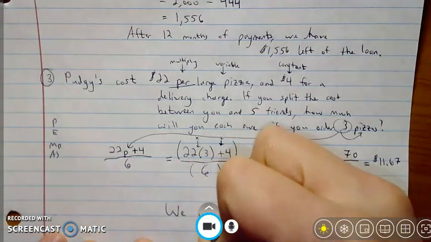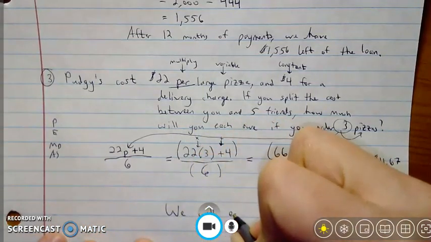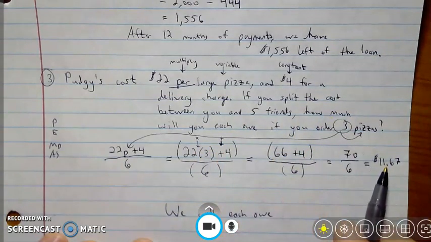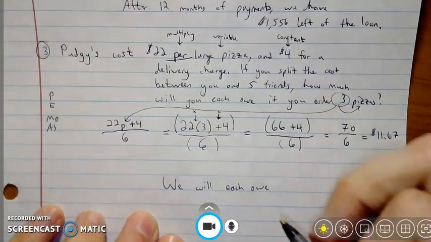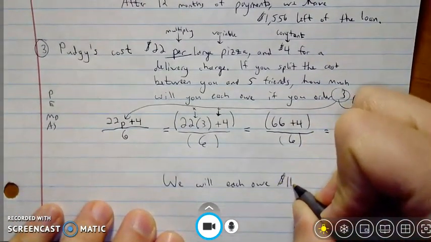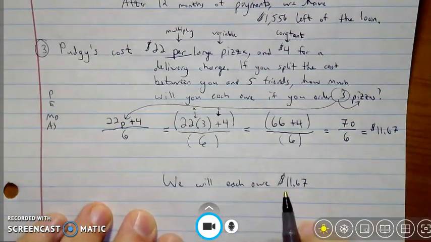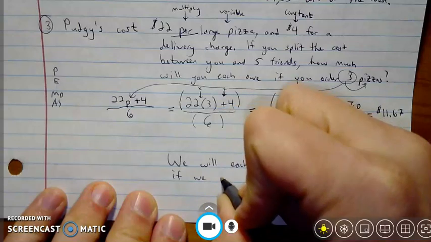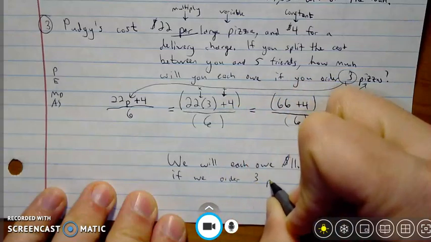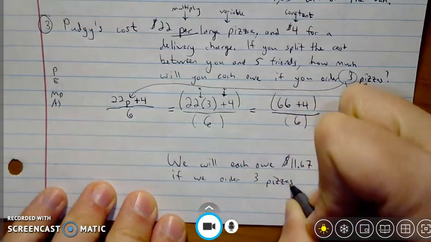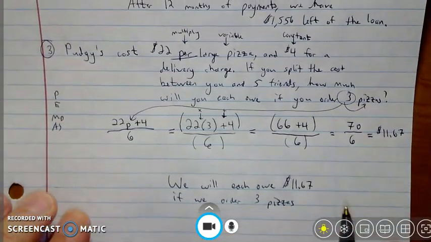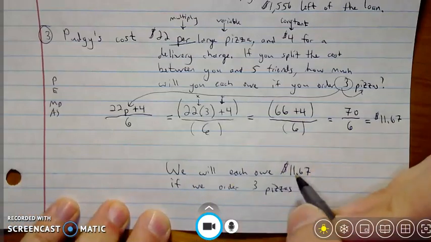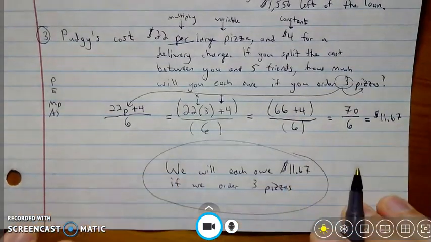So you can just say, we will each owe $11.67 if we order 3 pizzas. So we're basically taking the question and we're rewriting it, but now we know the answer. We can put that in and we are all good.